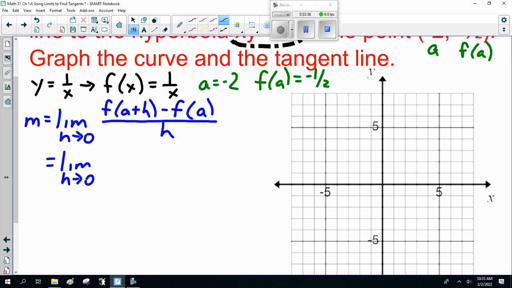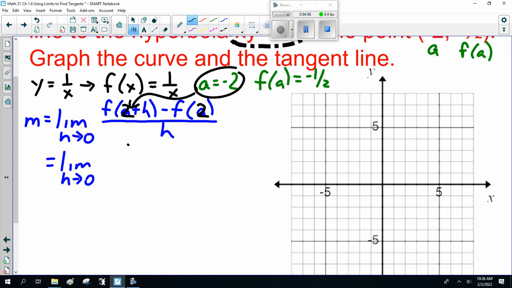I expect you to be following along, not copying out. If you're copying out, pause the recording and copy stuff out. Now, a is minus 2, so f of a plus h would be f of minus 2 plus h, minus f of minus 2.